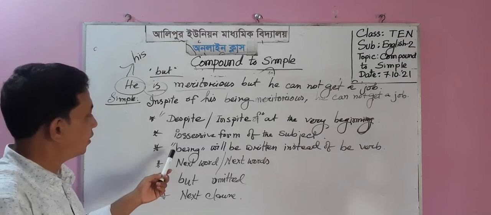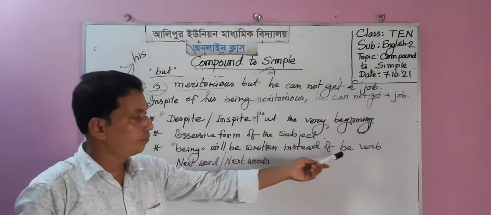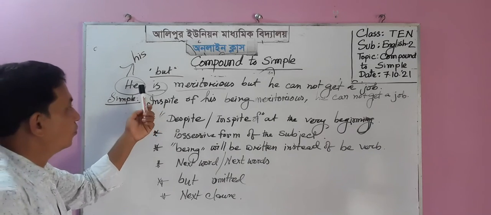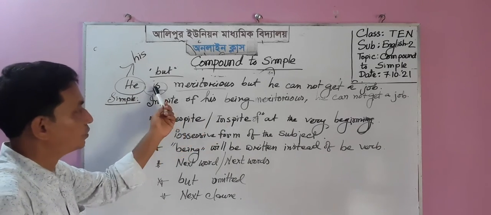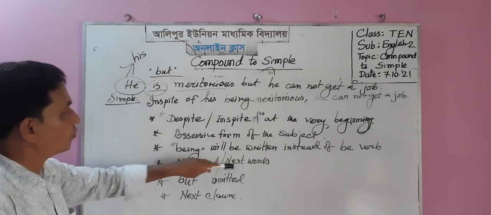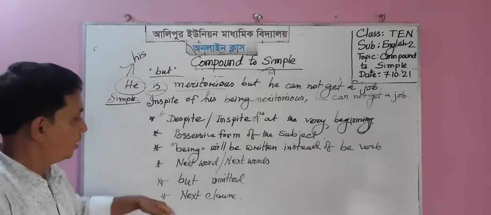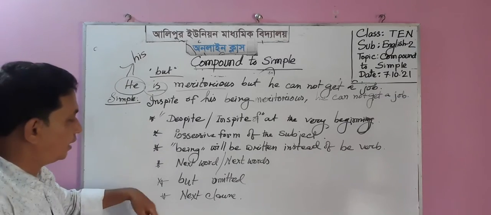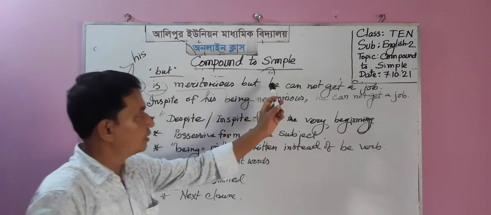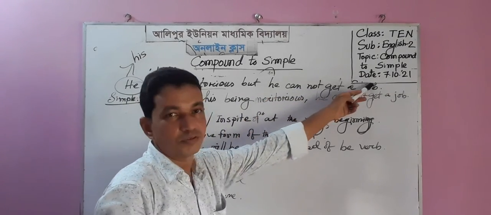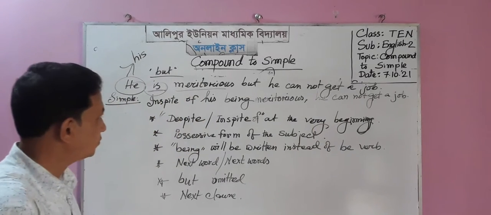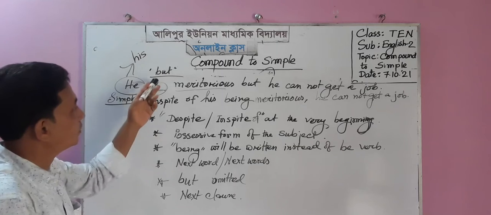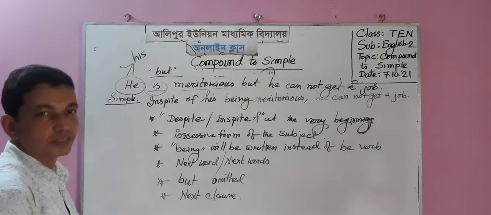And next, being will be written instead of the be verb. As the be verb is, so we have to write being instead of the be verb. And then the next word is meritorious. And "but" is omitted; "but" will not be written. And then the next clause is he cannot get a job. So dear students, this is the complete rule of "but" into a simple sentence.